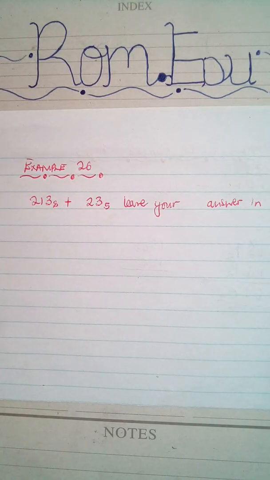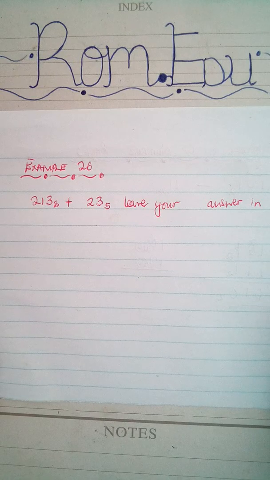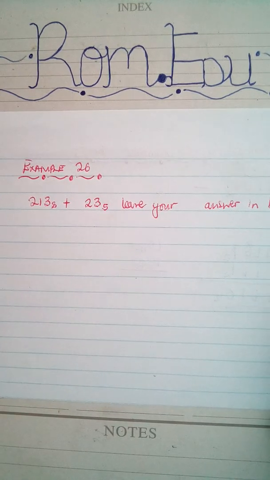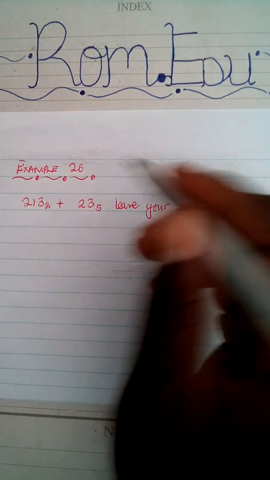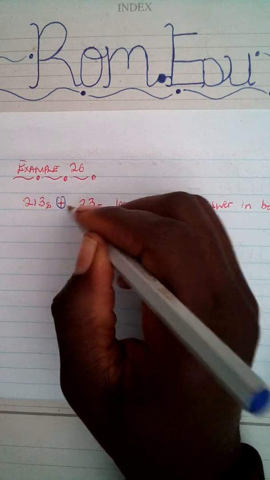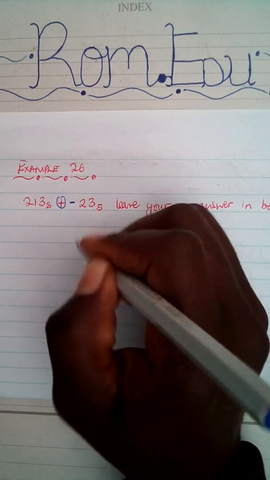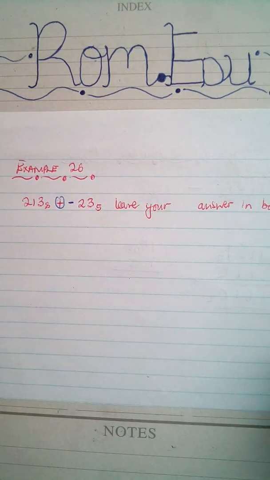Right, so let's look at example number 26, which asks us to do that example of 213 base 8 being added. Right, now let me just change this addition sign and put a minus there, since we've done a lot of questions under addition.